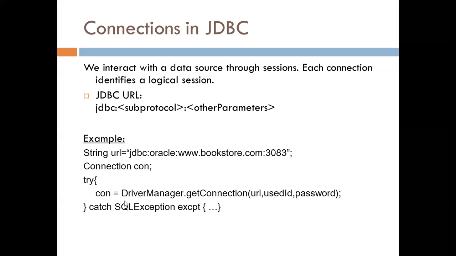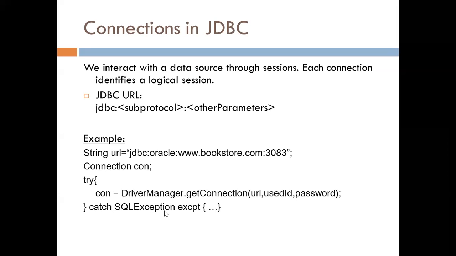Then the API to get the connection is DriverManager.getConnection. For this, we pass the URL, username and password of the database. The exception that might be thrown is a special type, SQLException.